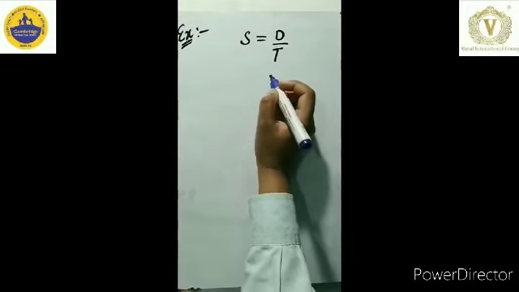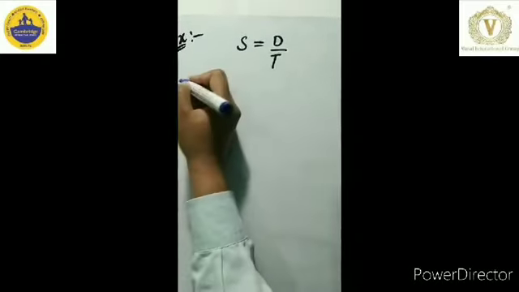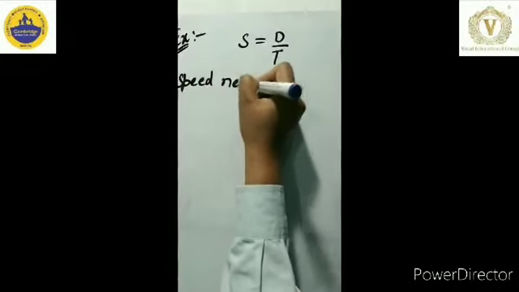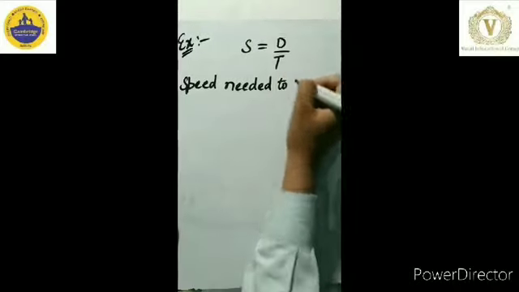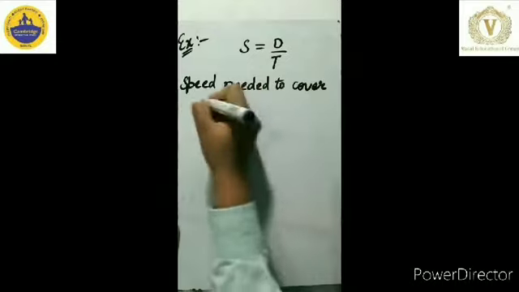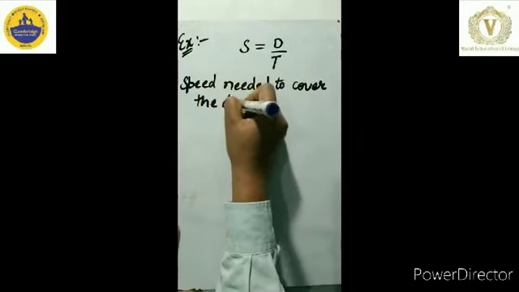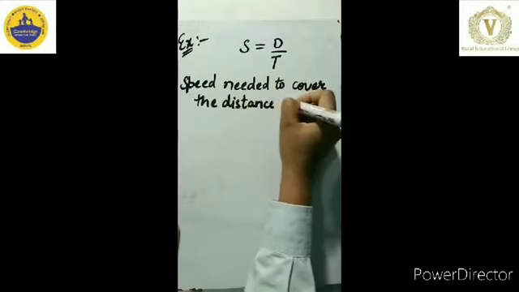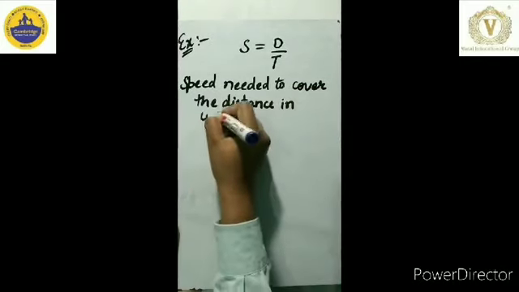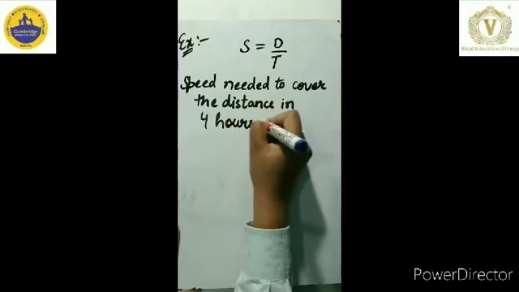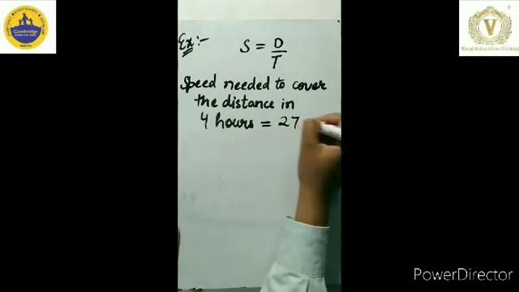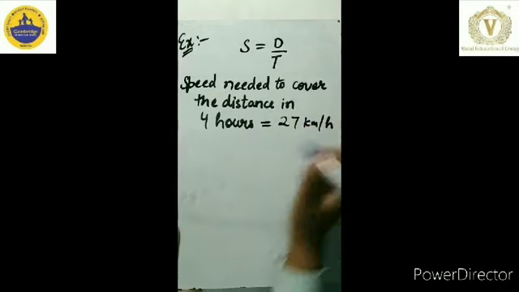So how much speed is required? Speed needed to cover the distance in 4 hours is equal to 27 km per hour.